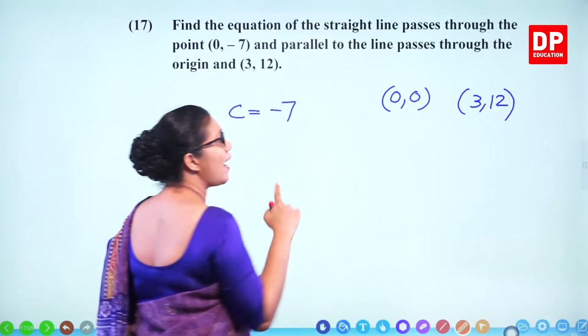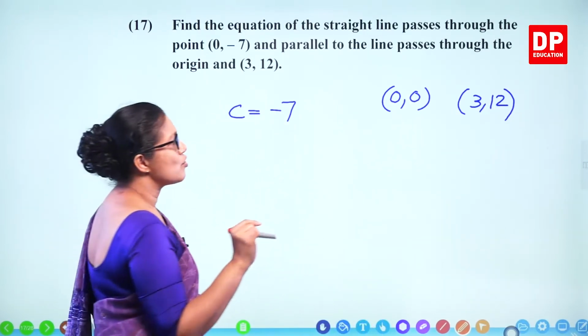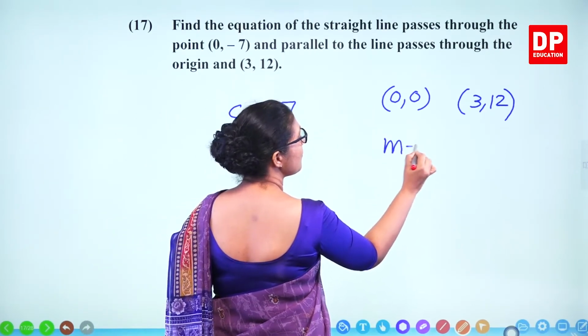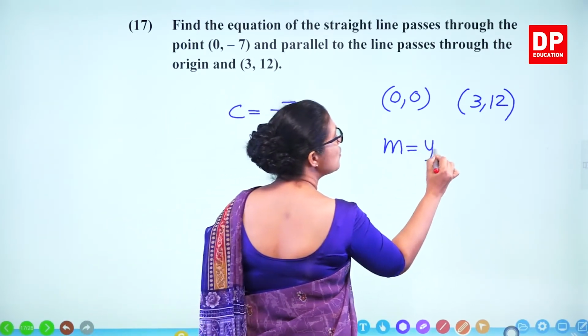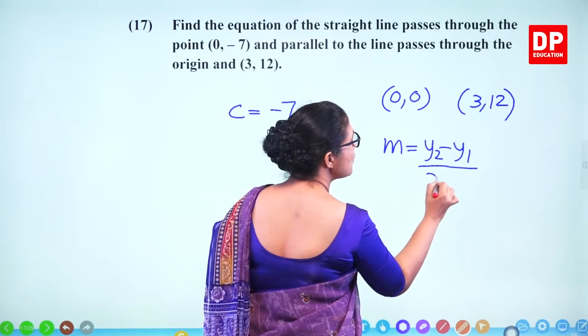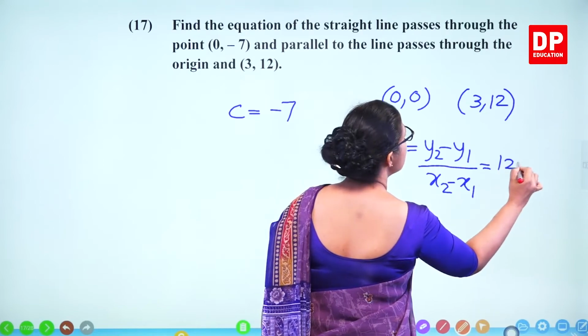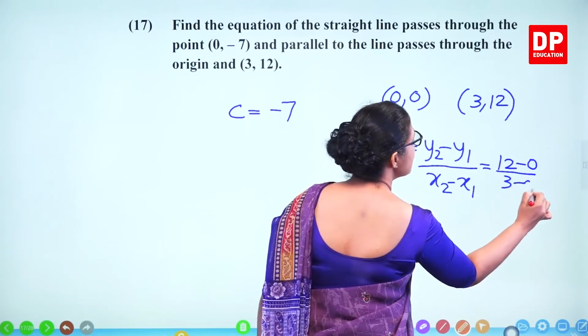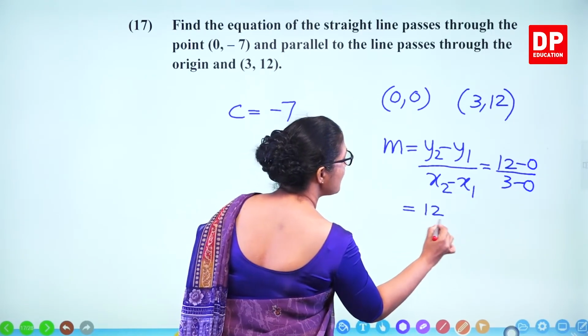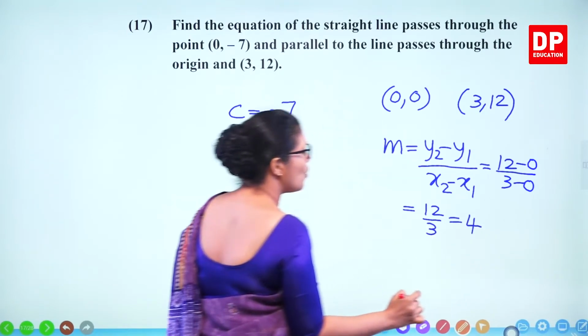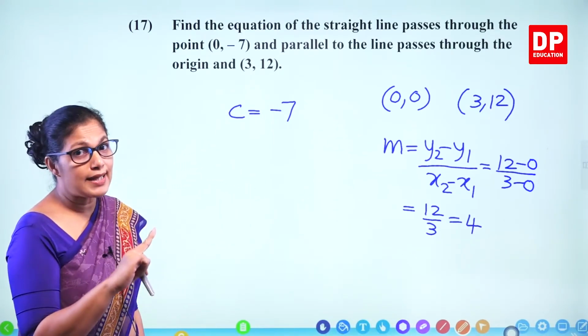So here you can find out the gradient of that line. What's the gradient? Difference between y coordinates over difference between x coordinates. So 12 minus 0, 3 minus 0. So here 12 over 3, you get 4.